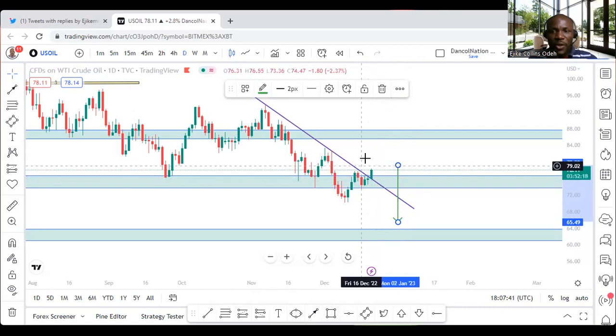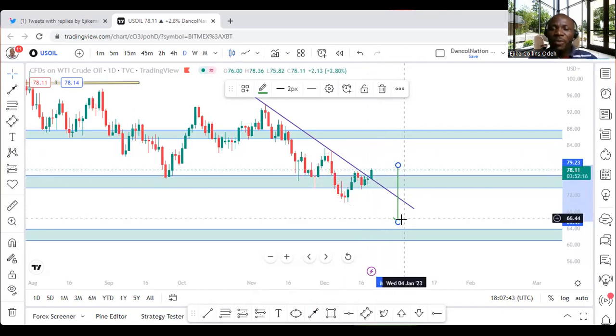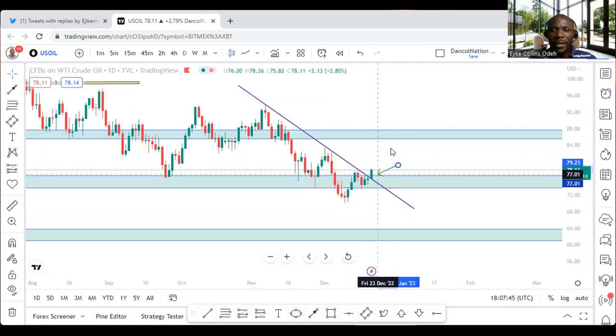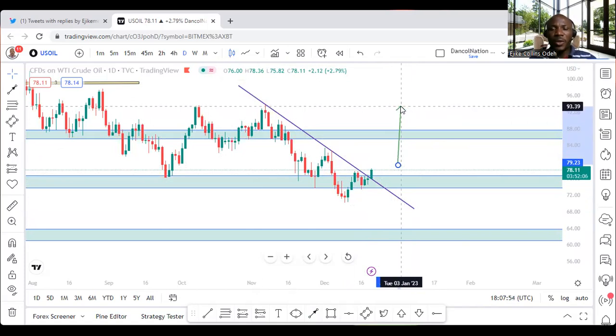But if it remains on top of this trend line, then the price will be coming here, which may give rise to something of this nature.